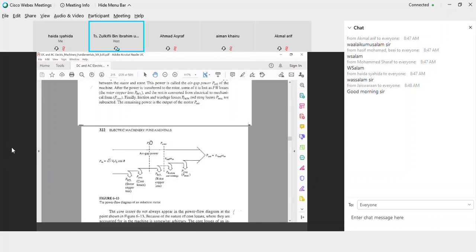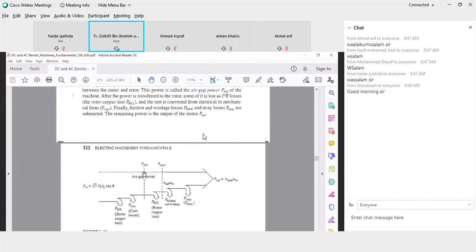Then in between the stator and the rotor, there is an air gap. So this figure shows the transition of the power from the stator to the rotor. That's called the air gap power.